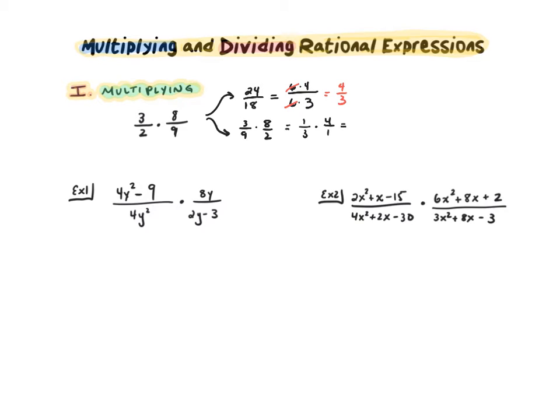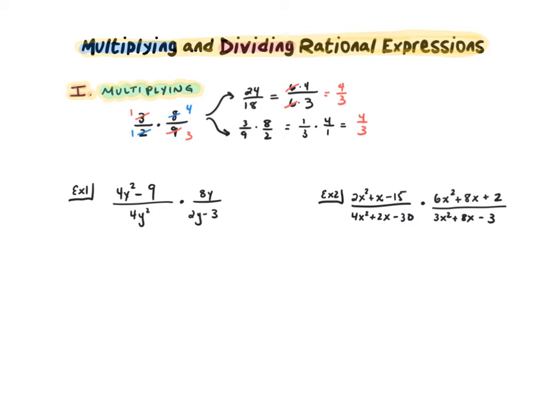So I get the same thing of 4/3. So where the numbers are, as far as on the left fraction or the right fraction, doesn't really matter. So you can look at this and be like, okay, 3 ninths, that's 1/3. And 8 halves, that's just 4 over 1. And then multiply across, like 1 times 4 and 1 times 3.